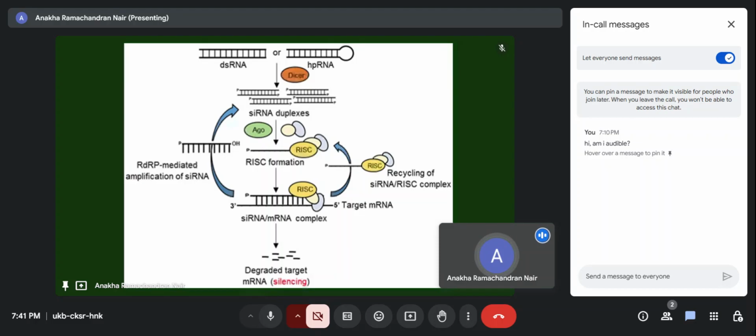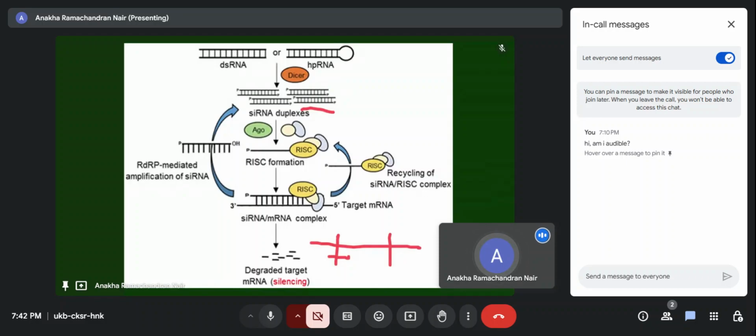The RISC complex uses a single stranded part of that small fragment of RNA, and it will target an mRNA which has that sequence, and cleave it. So it cuts the mRNA at multiple places wherever it can find the sequence. Since the mRNA has been degraded, it is no longer useful, and that gene has been silenced.